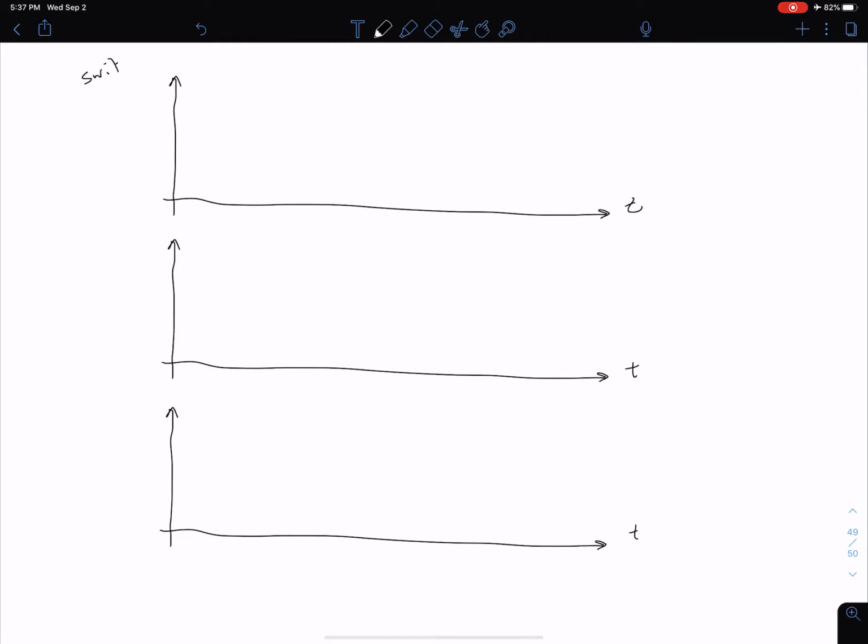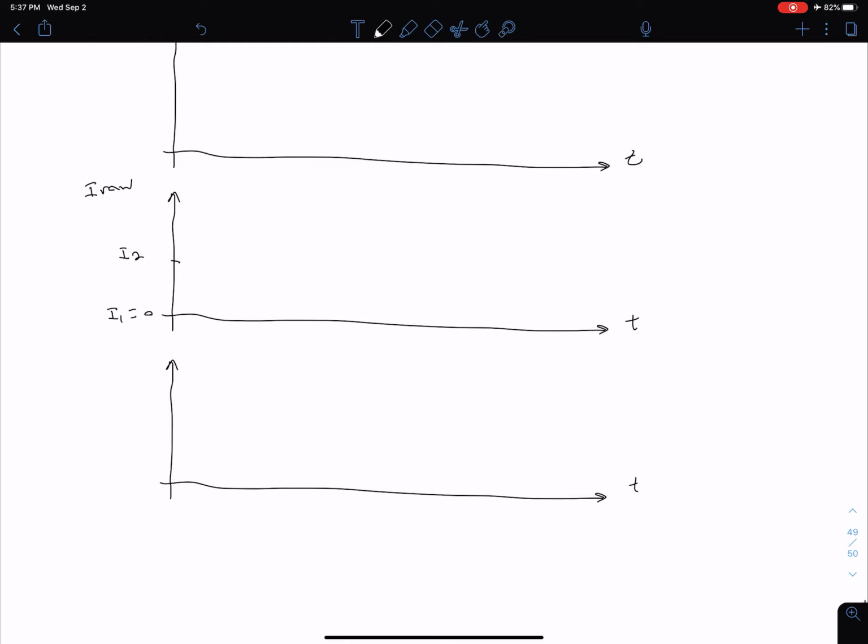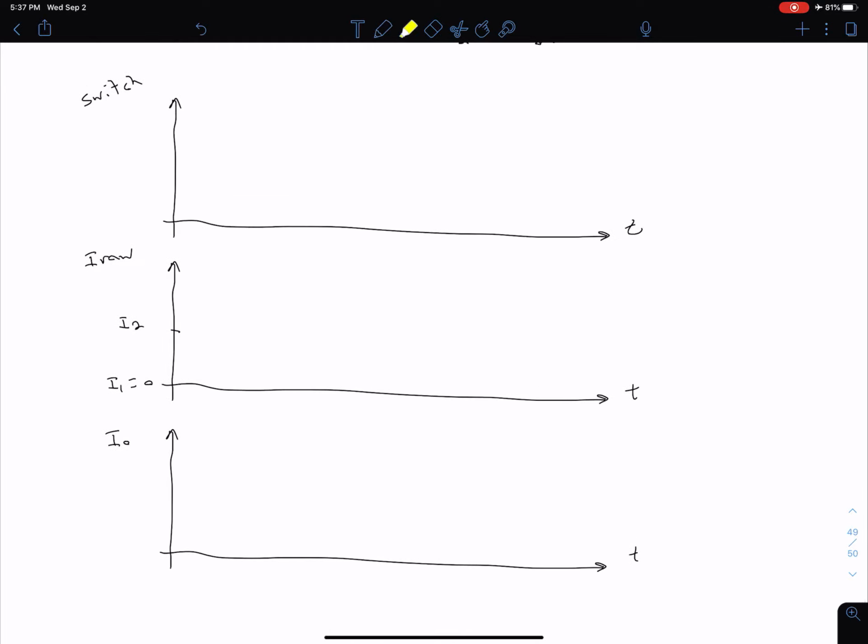We're talking about our switch, and our I raw in the second plot, which is going to be going between I2 and 0. Down here we have I1 equal to 0 because we're saying it's just barely touching 0 at the limit when the switch is closing again. And finally down here we have I0. To keep this straight, down here we'll also have I2 and I1, which is equal to 0.